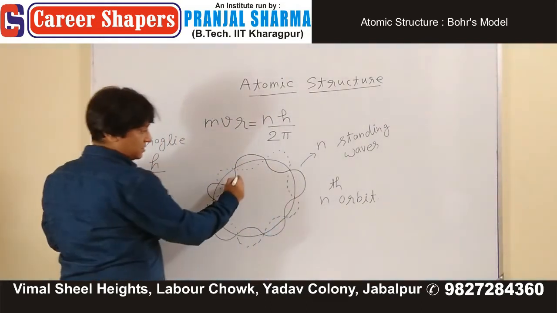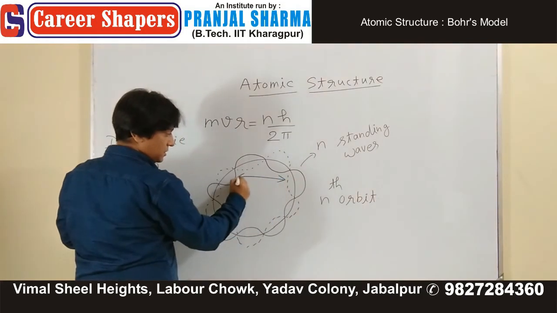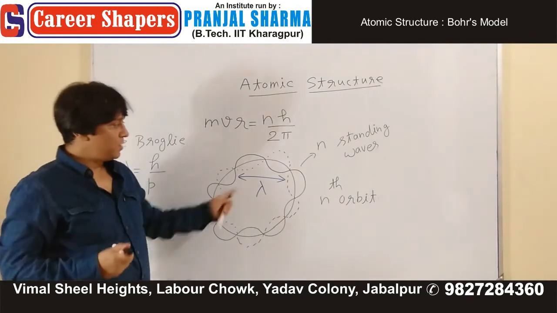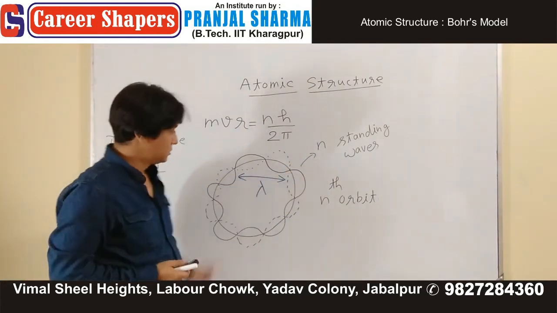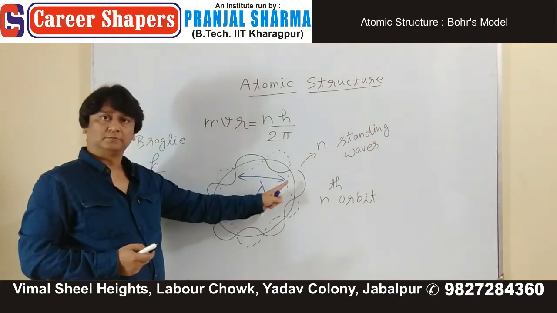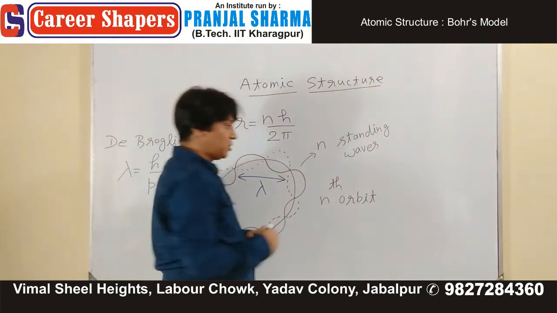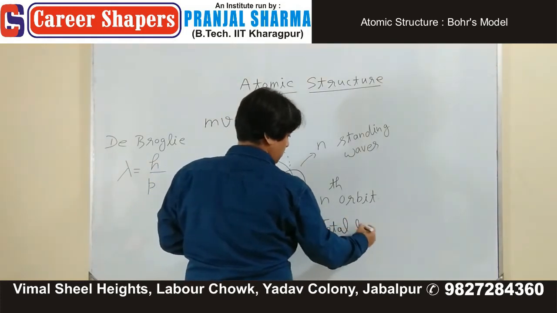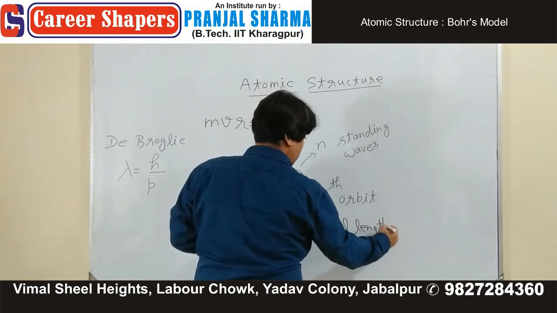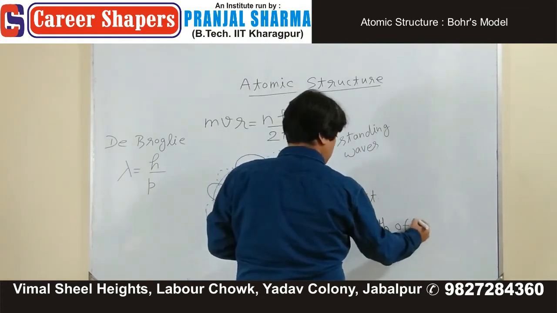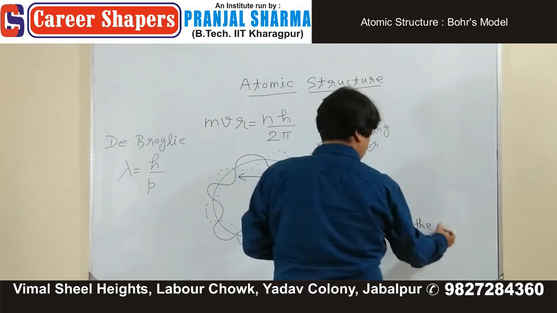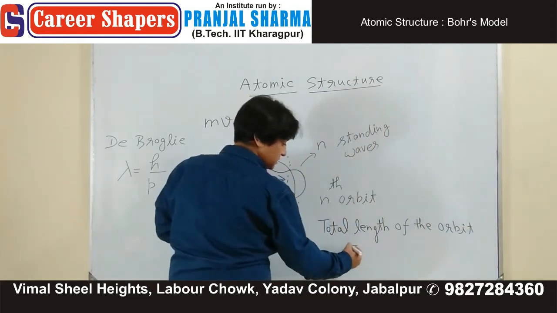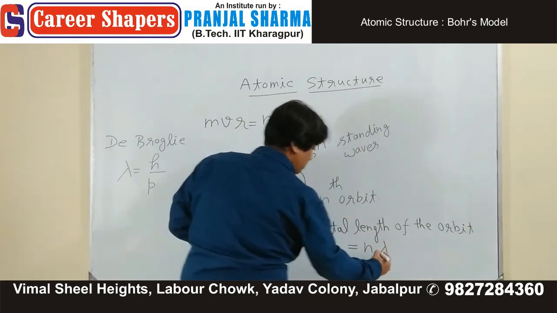And if that's how standing wave formation takes place, then what is this length? This length is what? Lambda. How many waves are present? n. So what is the total length of the orbit? Total length of the orbit is n multiplied by lambda.